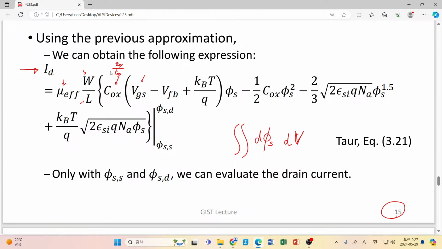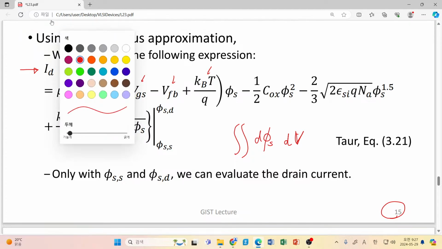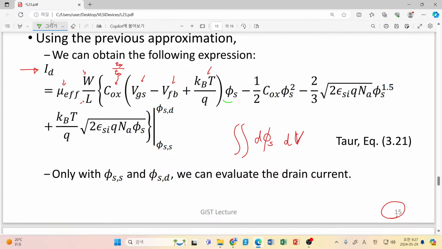Yes, because you apply a certain voltage, so you know this one. And flat band voltage is also known. This thermal voltage is also known because you are working, for example, at 300 Kelvin, so you know it. Then here we have something not that easy, that is surface potential. Yes, this is a problem.